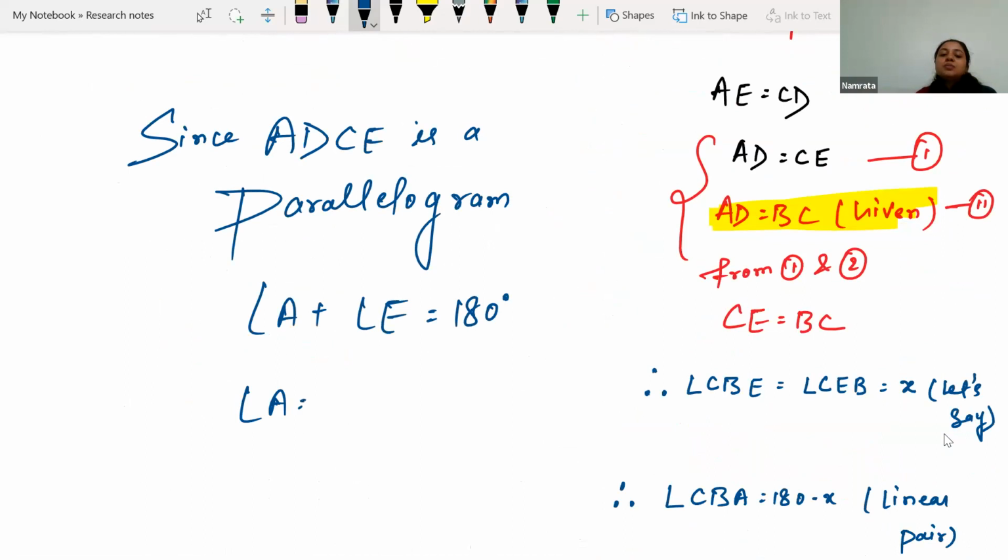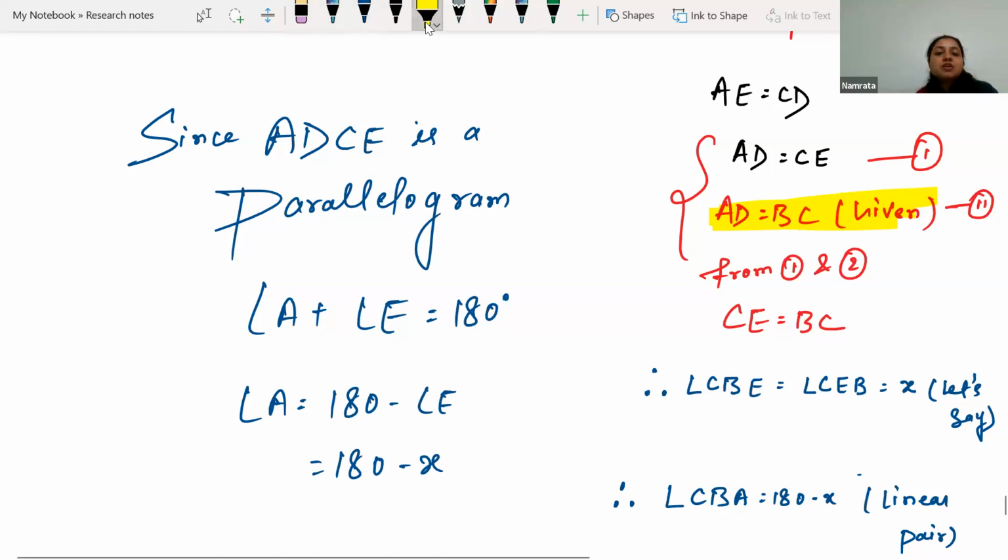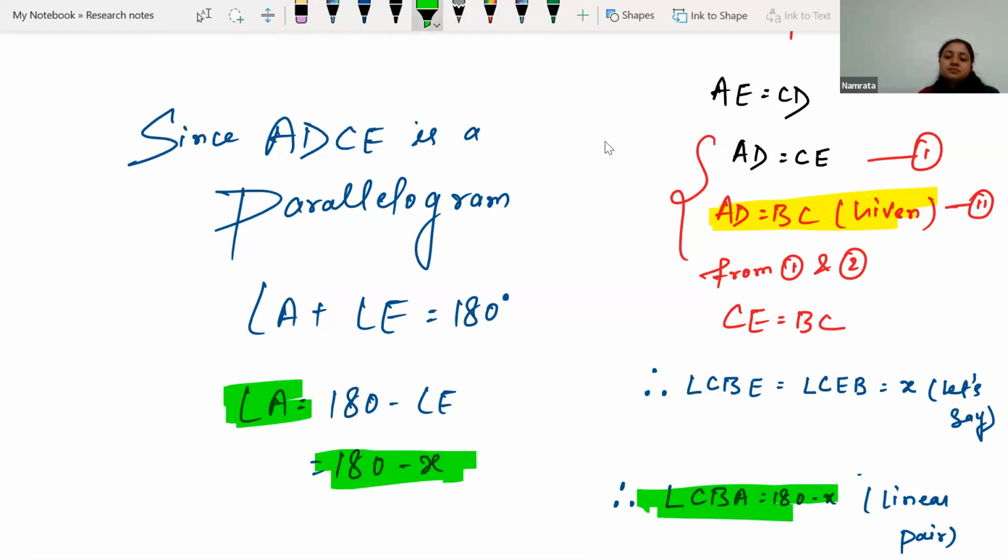Therefore, angle A will be 180 minus angle E, that is 180 minus X. And hence, what we needed to prove for the first part, that angle A and angle B are same. Can you see we have already proved that these two are same? Yes, ma'am.